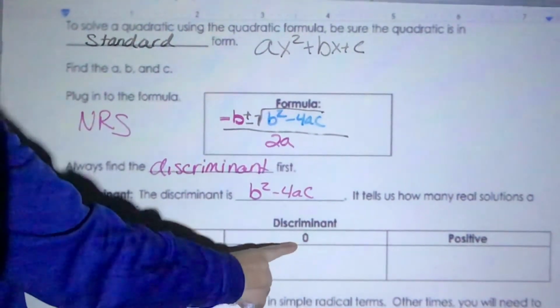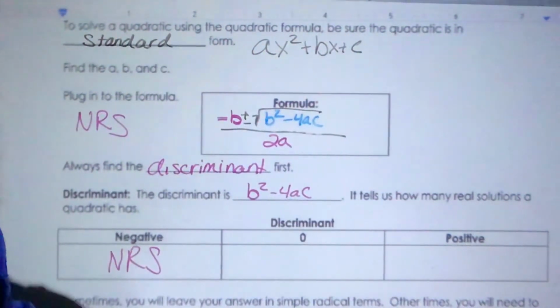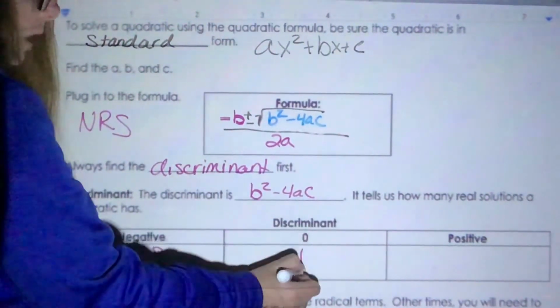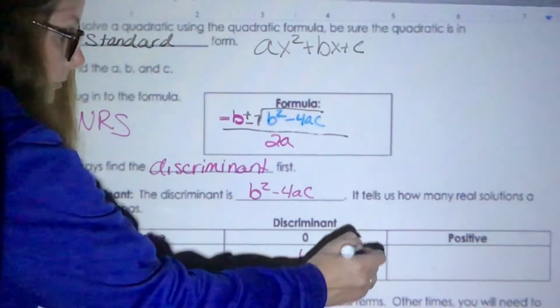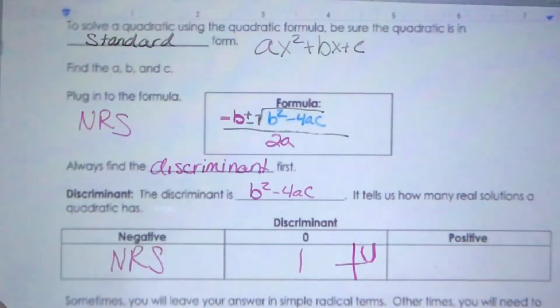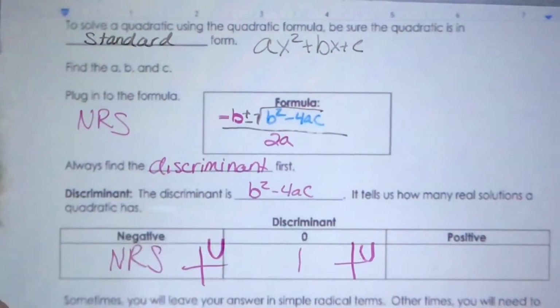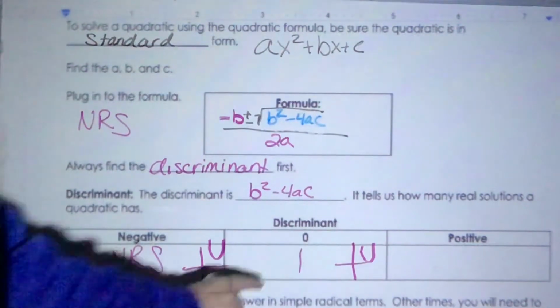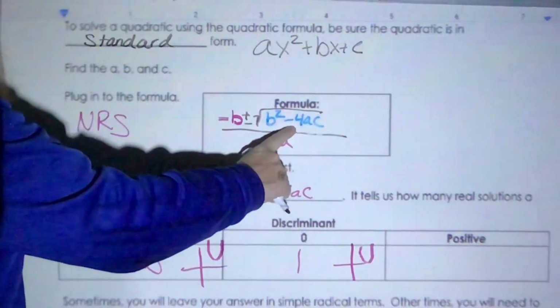If you do that and you get 0, so b squared minus 4ac and you get 0, that means there's exactly one solution to that quadratic. It would be a situation where the quadratic just touched down on the x-axis at one point. The reason why you would only have one solution is because the square root of 0 is 0.